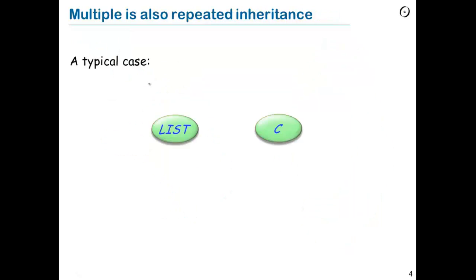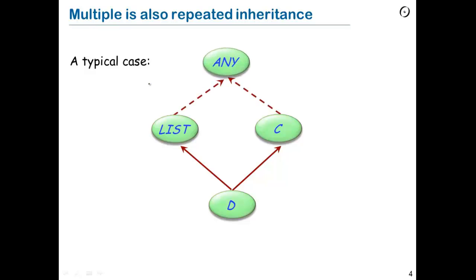Much more common cases, and completely realistic ones, arise in any object-oriented language in which you have multiple inheritance, but you also have the notion, as in Eiffel or in Java, of a top class. In Java it would be called object. In Eiffel it's called any. Now Java does not have multiple inheritance as we have seen, but Eiffel does.